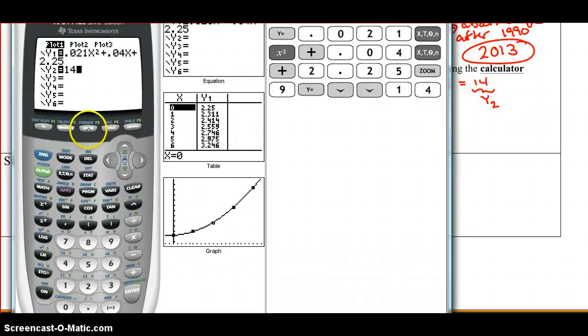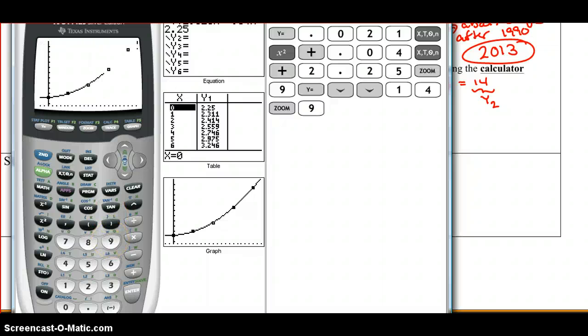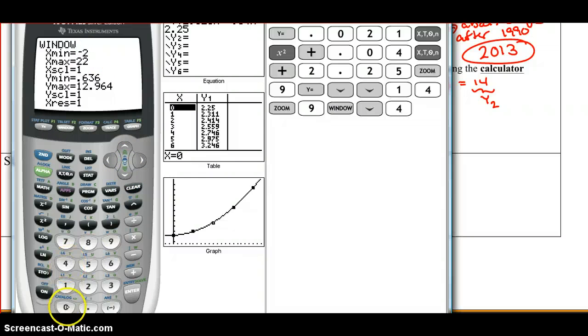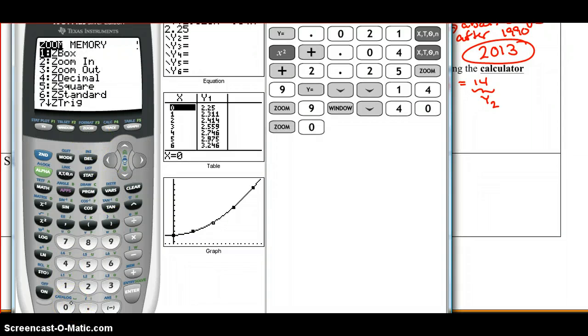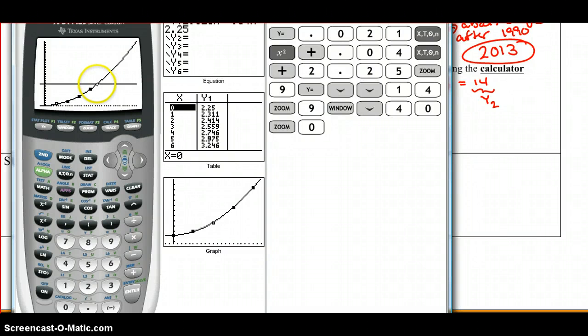And again, we're going to use Zoom 9 because that's where our data was. And then we'll adjust from there as needed. So in our window, our x max went out to 22, so let's try pushing that out to 40. Zoom 0. Alright, so now we can see our intersection on screen.